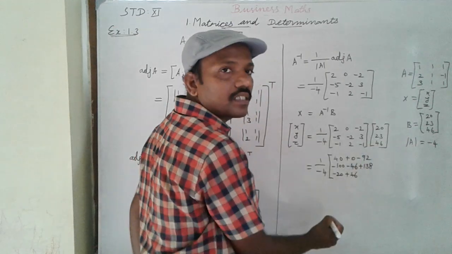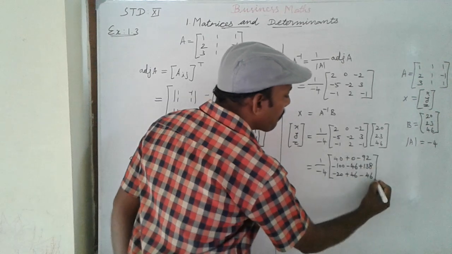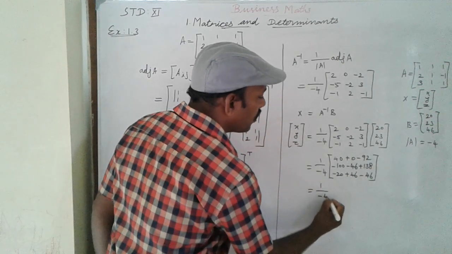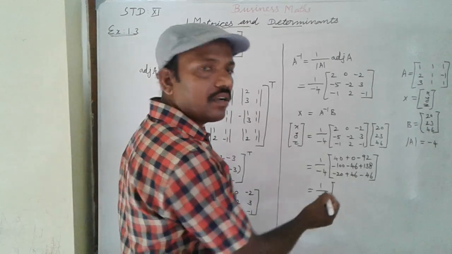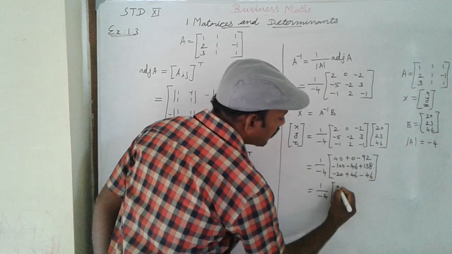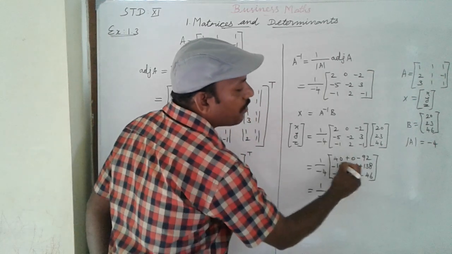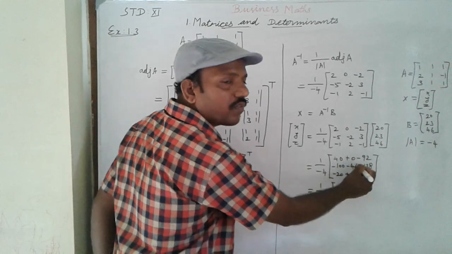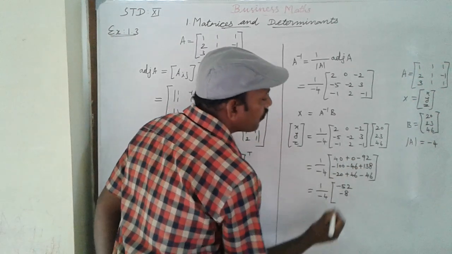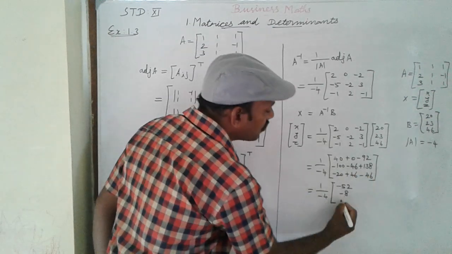Minus 1 into 46 is minus 46. That is equal to 1 divided by minus 4. We add: 40 minus 92 is minus 52. Minus 100 minus 46 is minus 146. Minus 146 plus 138 is minus 8. Plus 46 minus 46 cancel, minus 20.